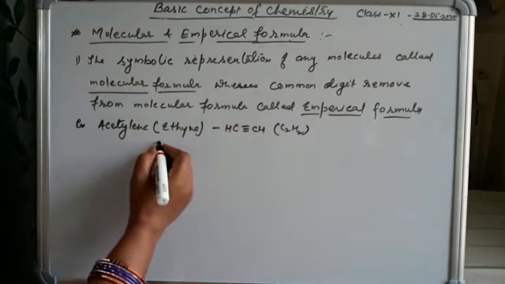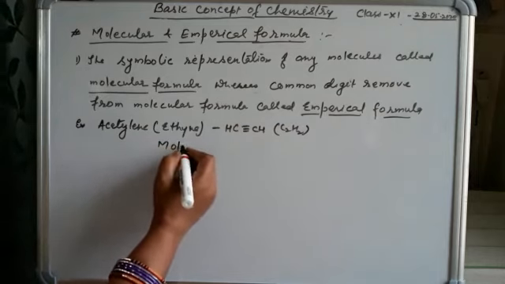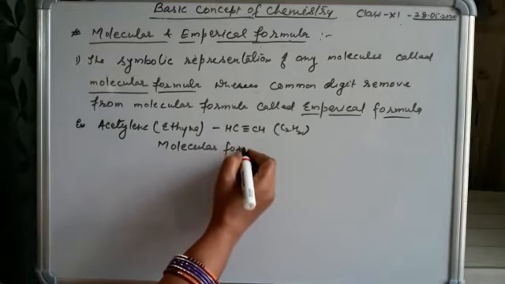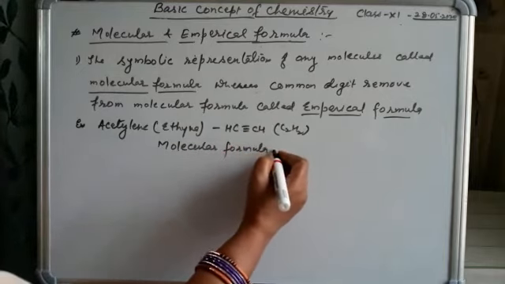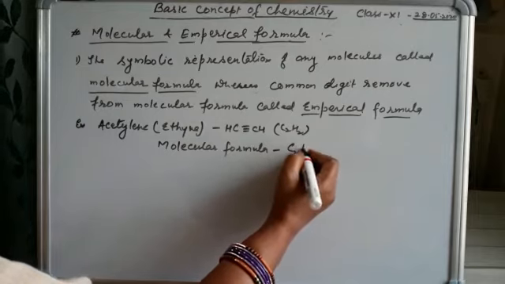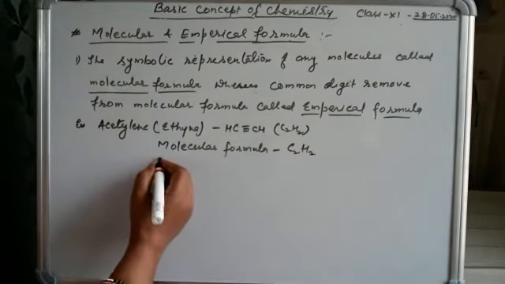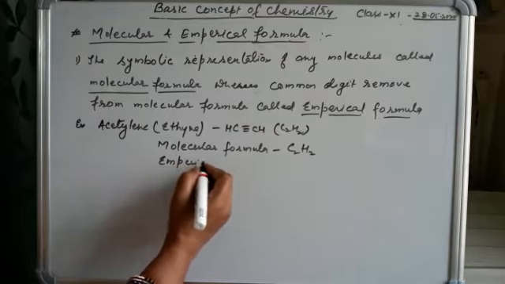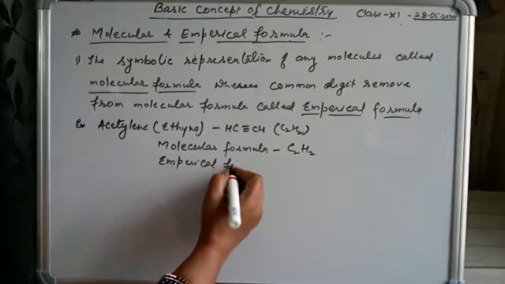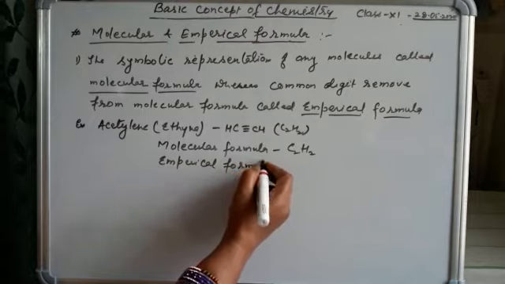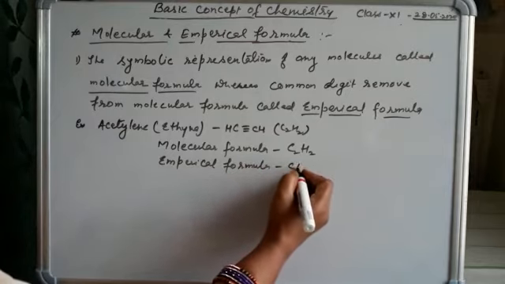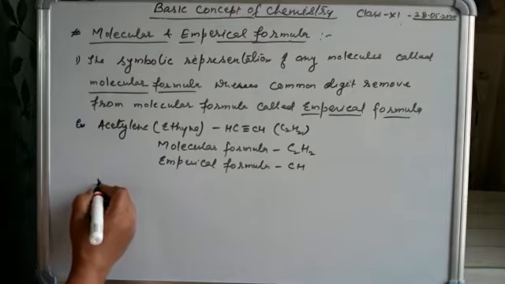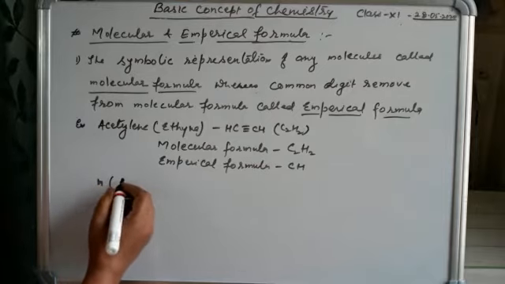So at first, the molecular formula is C2H2 and the empirical formula is only CH. Here n is the common digit.